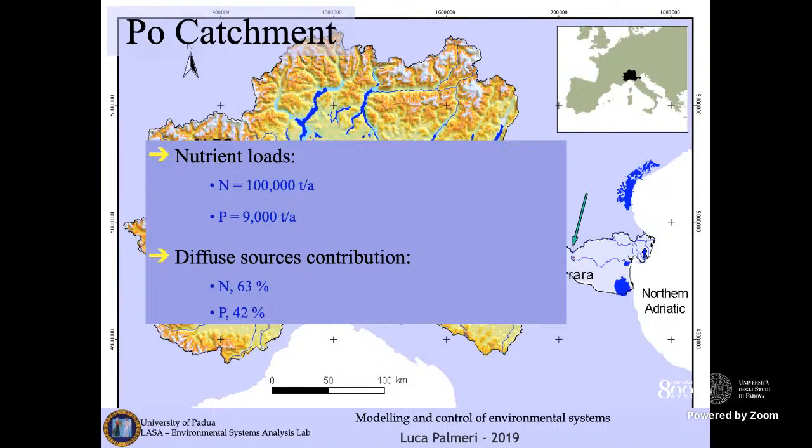Why are we interested in evaluating nitrogen and phosphorus loads in the Northern Adriatic? Because, as you may imagine, and as it will be clear next week when we will discuss nutrient limitation, nitrogen and phosphorus are the limiting nutrients for primary production in water ecosystems, and in particular in coastal zones.